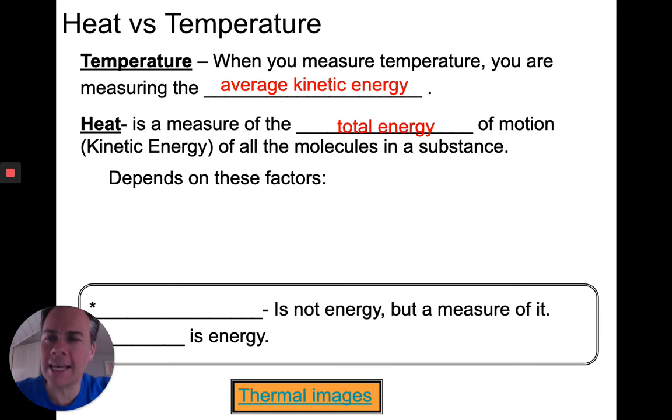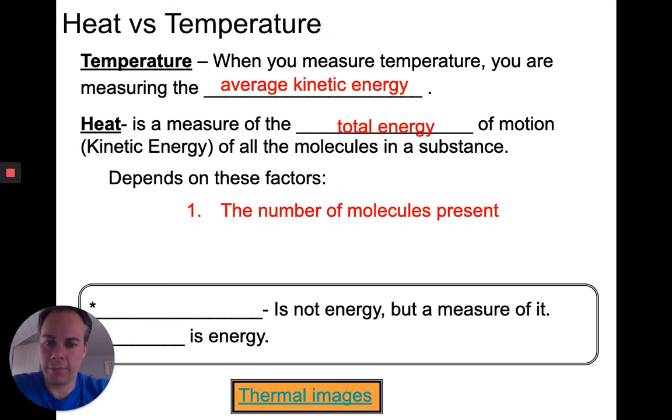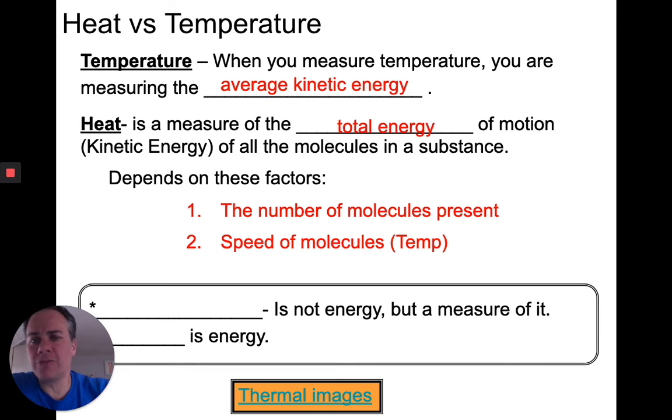So they would have the exact same temperature. Would one of them have a greater amount of heat? Yeah. The 5-gallon pail of water would have a much greater amount of heat, because heat depends on two things. It depends on the number of molecules there are and the speed of those molecules. So temperature is a measurement of heat energy.